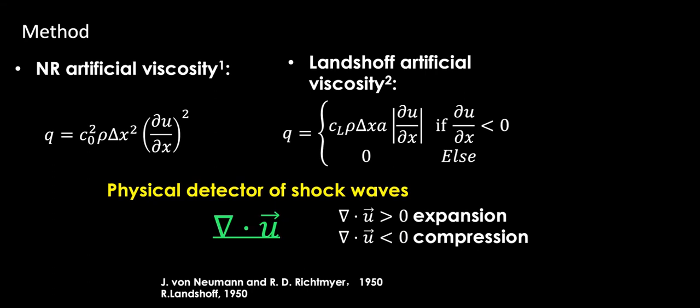We get inspiration from the study of artificial viscosity, for example, in the work of Neumann and Richtmyer. They did the first dynamical simulation of compressible flows. They use the divergence of velocity to detect strong compression regions.